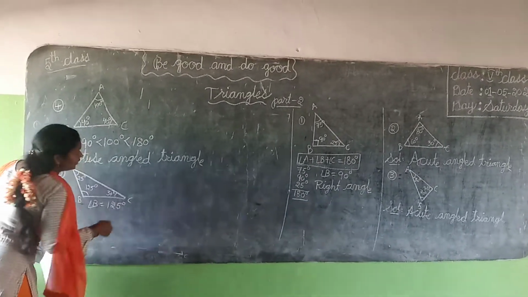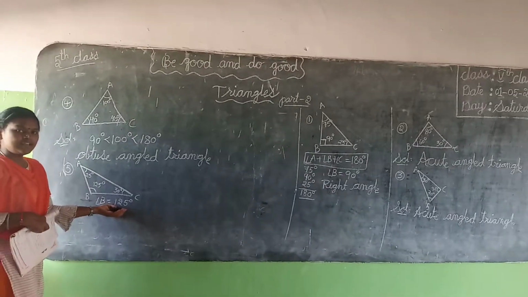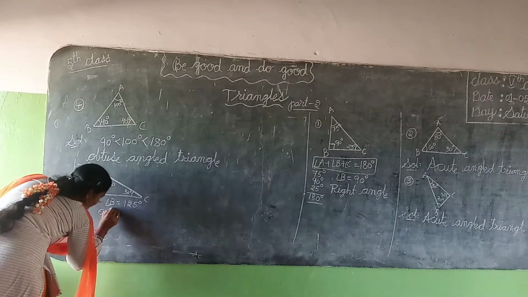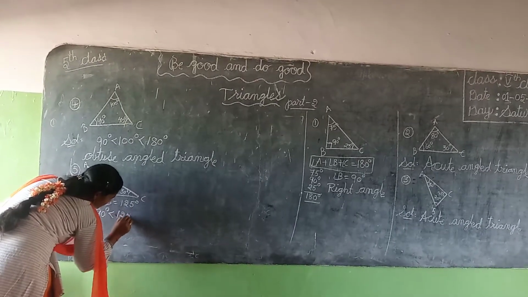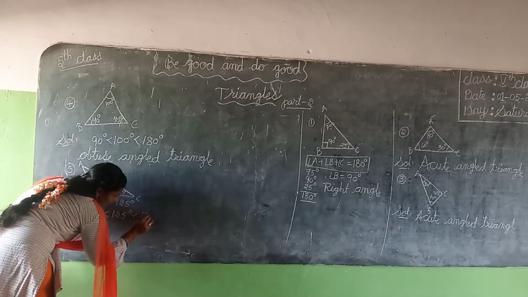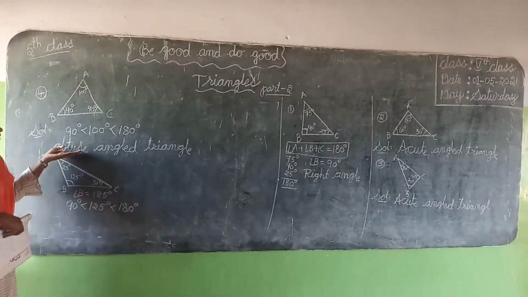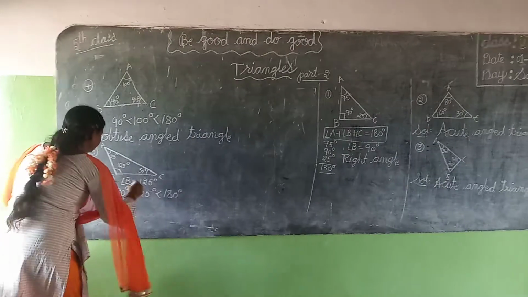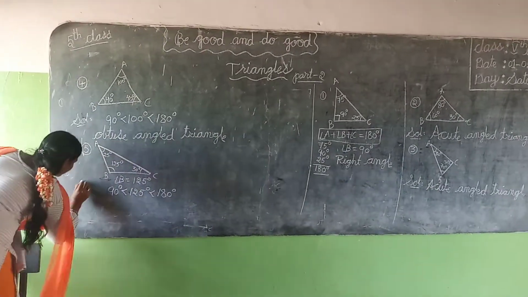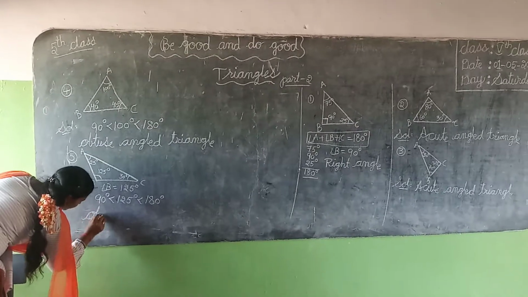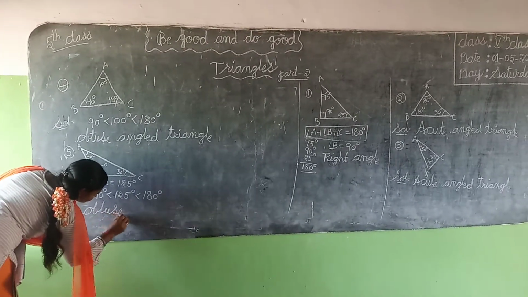This 125 degrees is more than 90 degrees and less than 180 degrees. So 90 degrees is less than 125 degrees, which is less than 180 degrees. So this triangle is also called an obtuse angle triangle. So what is this? Obtuse angle triangle.